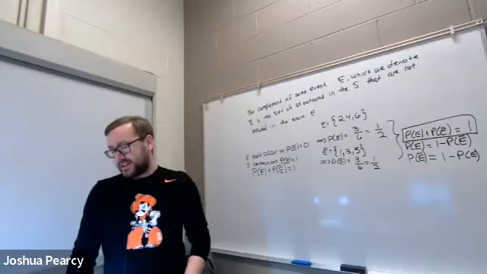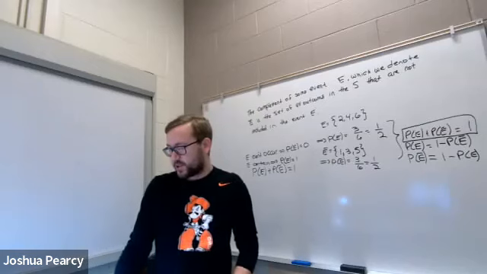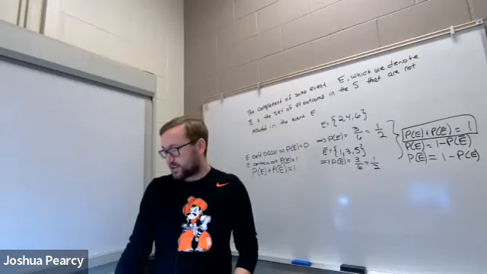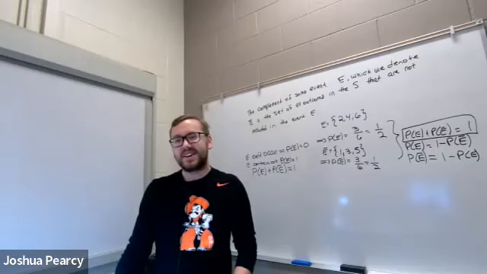So example 2, in a survey, 25% of people said they preferred science as their favorite subject. What is the probability that a randomly selected person's favorite subject is not science?